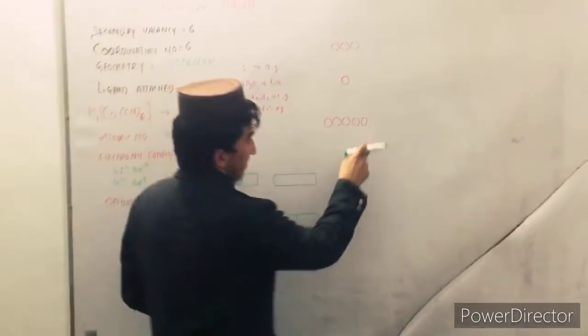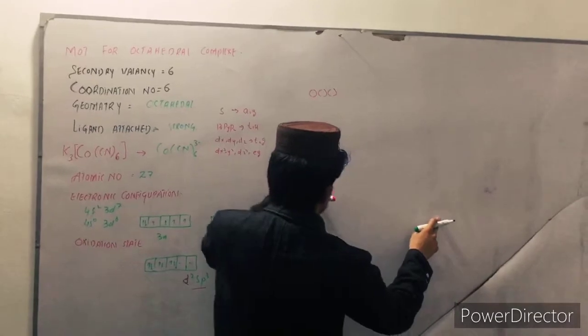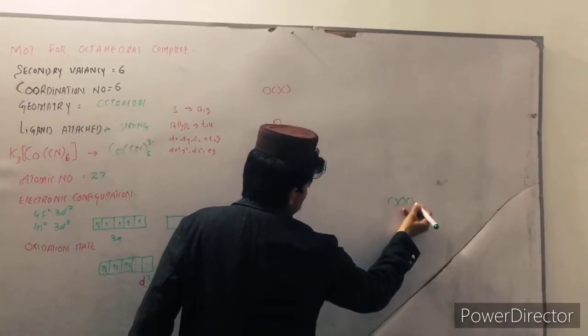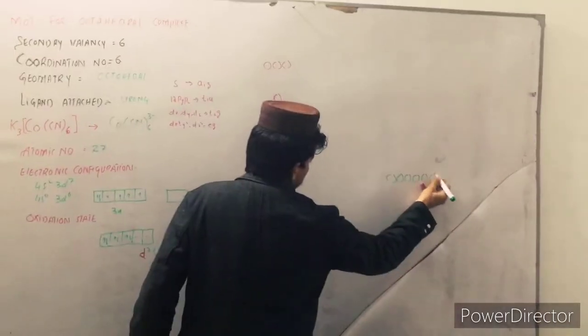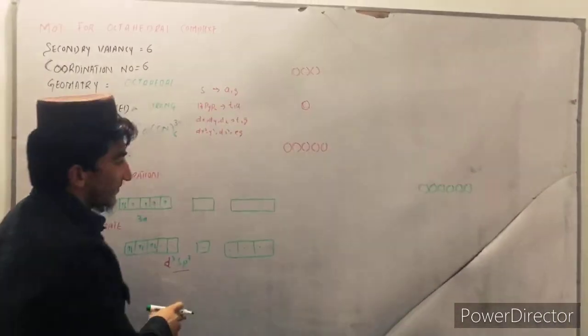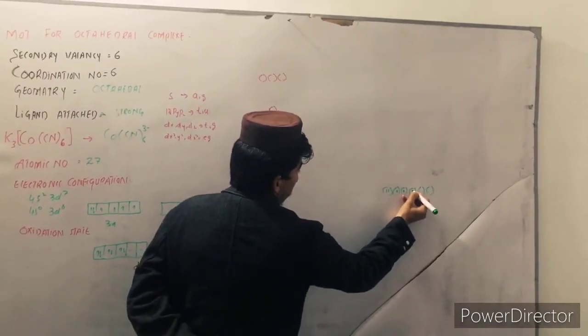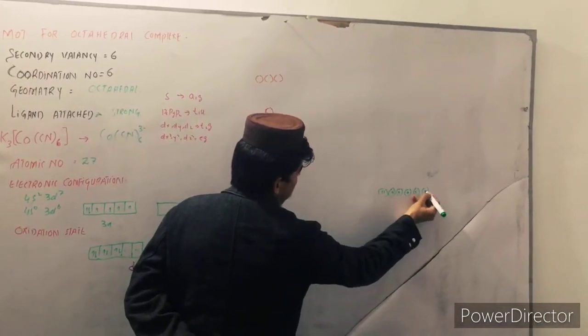Now you can see there is also the presence of 6 ligands, which are in lower energy, then the 3d. So we will make these here: 1, 2, 3, 4, 5, and 6. Now you can see these have 6 lone pairs.